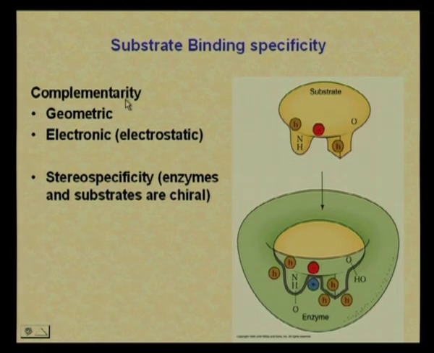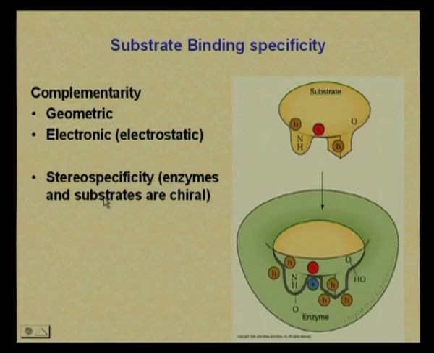We have the complementarity in terms of a geometric complementarity and an electronic complementarity. And considering the stereospecificity of the enzymes and the substrates that are usually chiral. Why are the enzymes chiral? Because they are proteins and the proteins are composed of L amino acids. Okay? And substrates are also, we will see how specific they are later on.